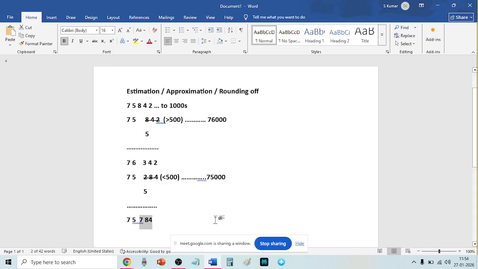So that's why it doesn't change, because it is less than 500, no carrying. When it is more than 500, carrying will make it change. It is carrying which changes. 8 plus 5, 13, carried 1. That is why we are getting 76. Here 2 plus 5, 7, no carrying. Because there is no carrying, you don't get the change. So it remains 75,000, no change.